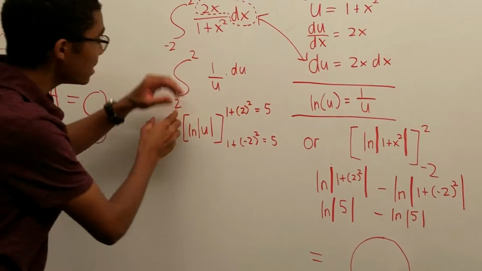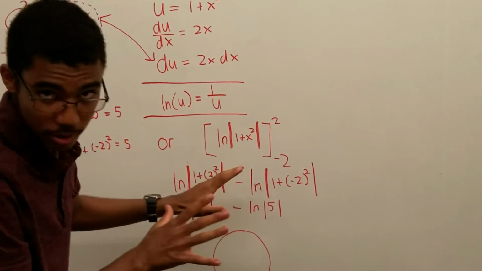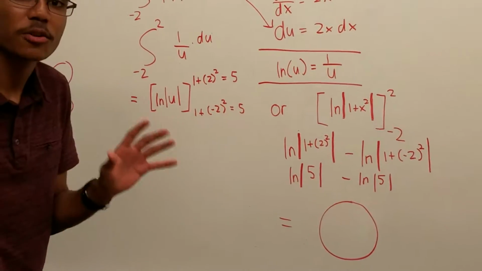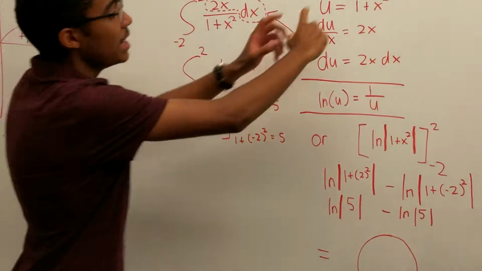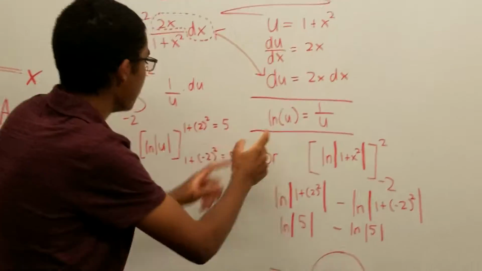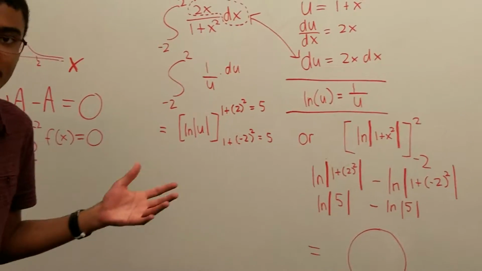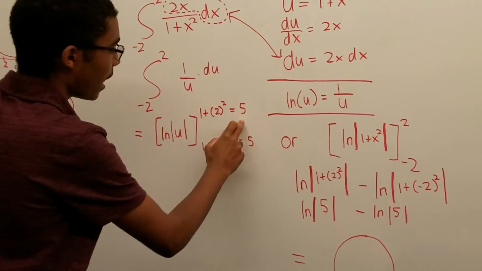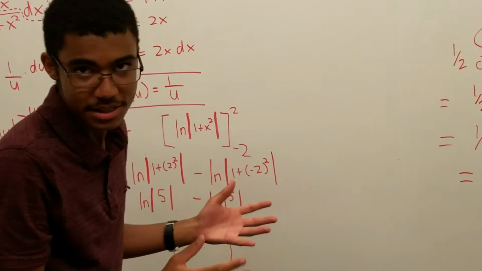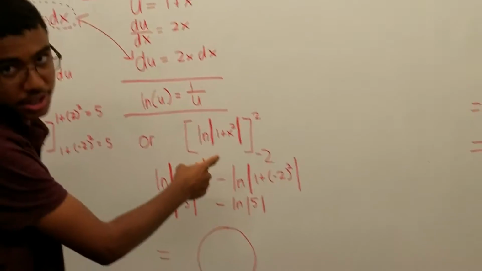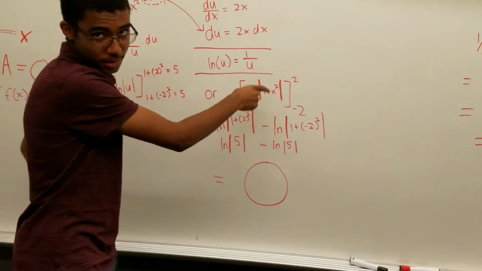You can plug u back in and use the indices they give you, or you can create new indices based on your variable u, meaning you plug your indices, -2 and 2, into your u function and get new indices. In that case, you get ln of the absolute value of u, with 5 and 5. In my case, I'm going to do it with the original indices, plugging u back in, substituting 1 plus x squared.